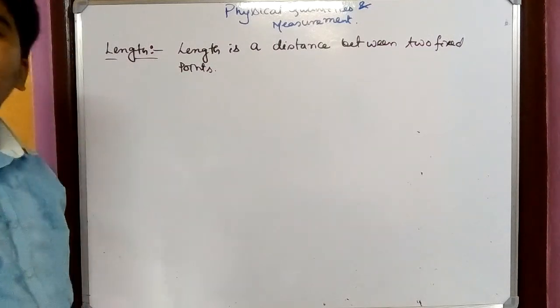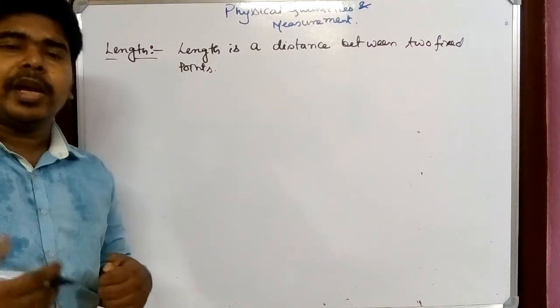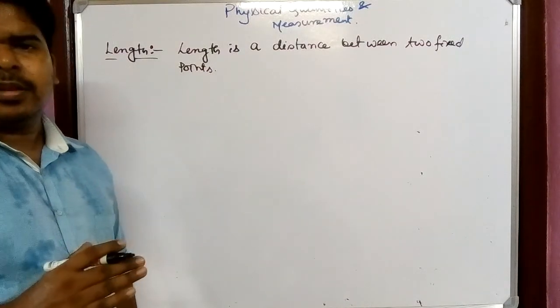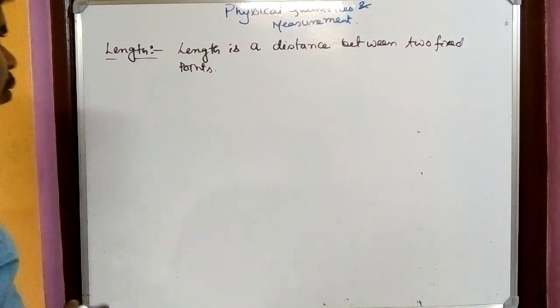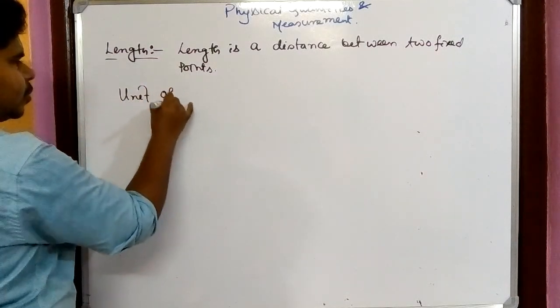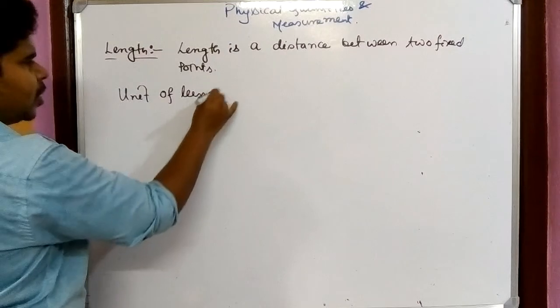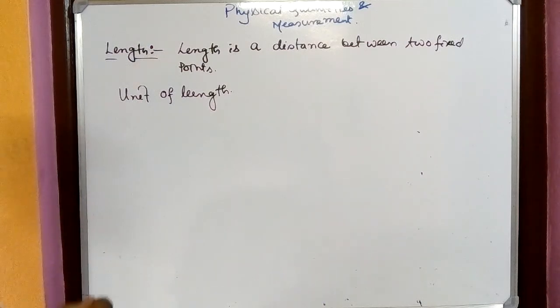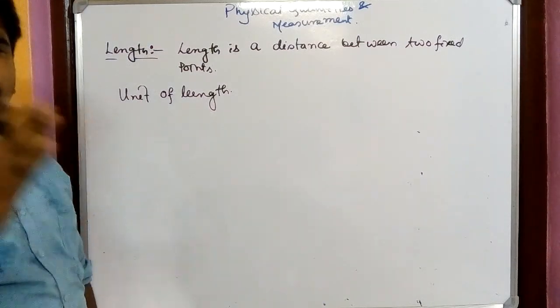Now the question is how we can measure length. For that we need a unit. What is the unit of length? In the previous video we discussed that we can measure length by three different unit systems.